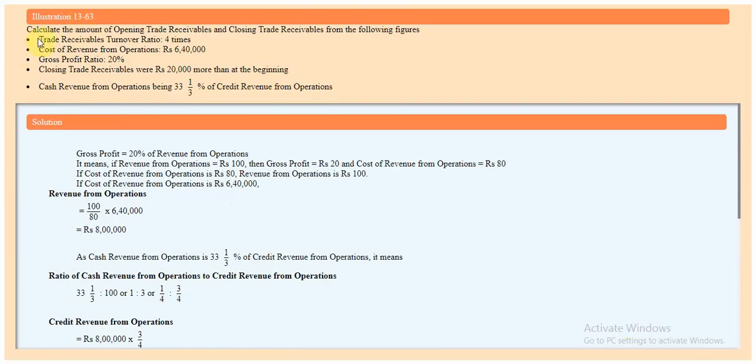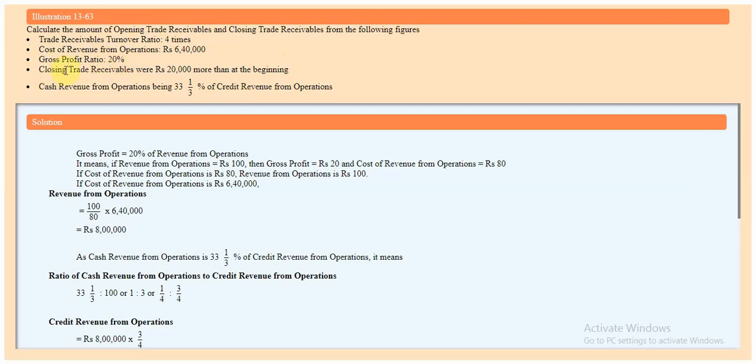Illustration 63. Calculate the amount of opening trade receivables and closing trade receivables from the following figures. Okay, so we are supposed to calculate the opening debtors and the closing debtors. They have given the trade receivables turnover ratio as 4 times. They have also given us a cost of revenue from operations, and gross profit ratio is given as 20%.